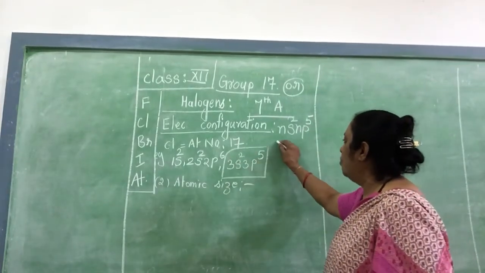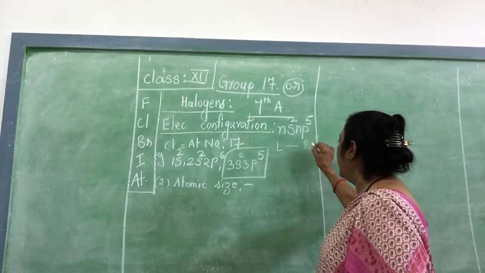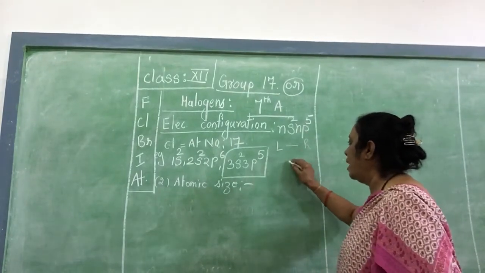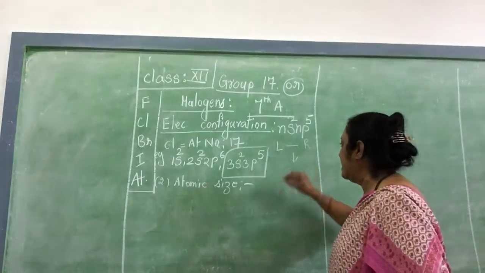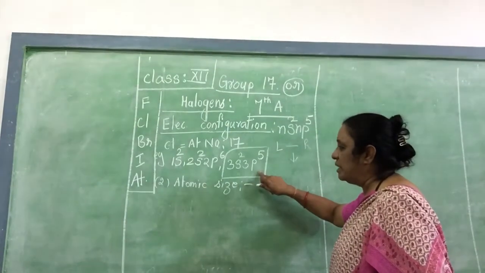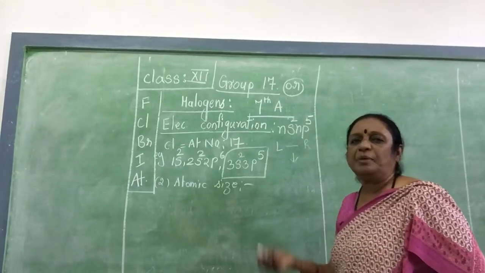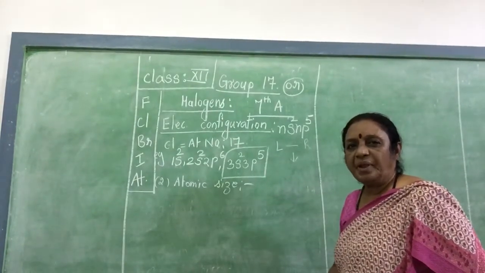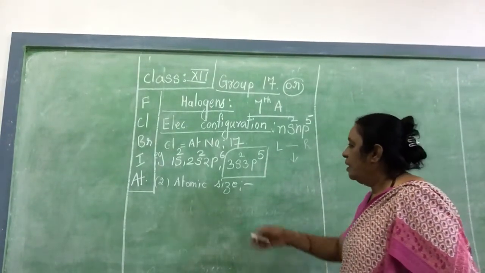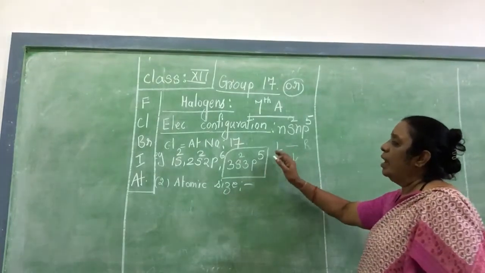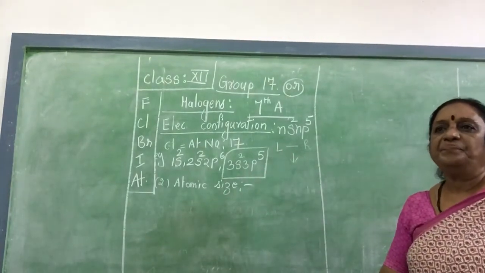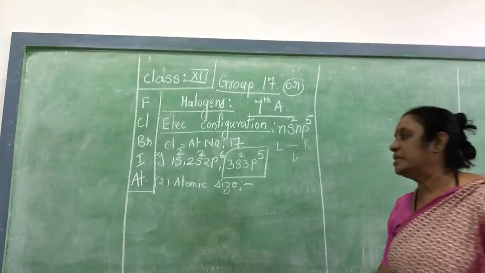Halogens are the second last group; the last group is the inert gases. So halogens have the least atomic size.